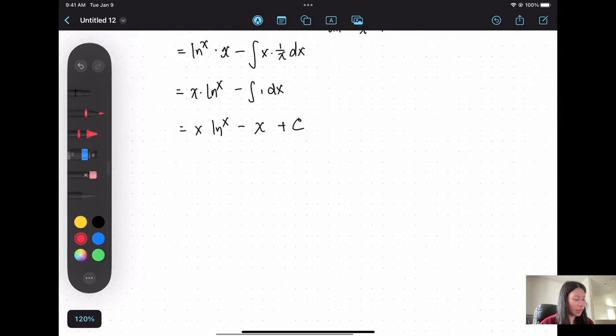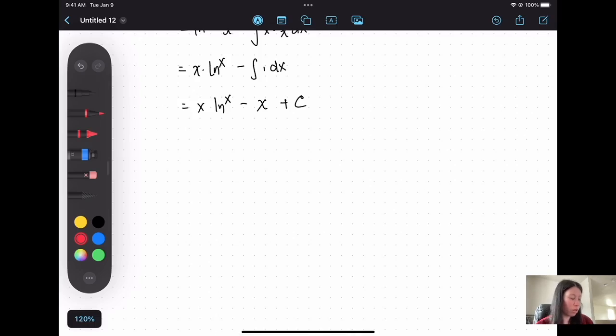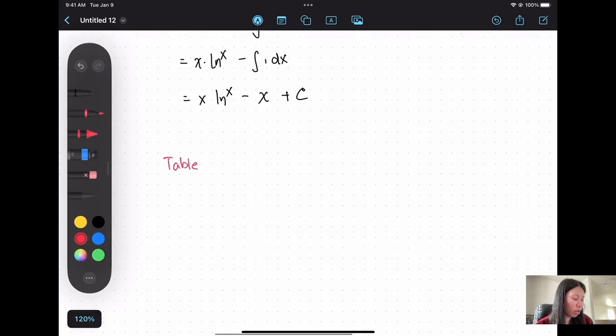So another technique that we use is called the table of integrals. I'm going to attach that to the lecture notes. So lots of times, even though we use u substitution and integration by parts, there are still lots of complicated functions, such as logarithm or square root of a polynomial, that we are not able to integrate.